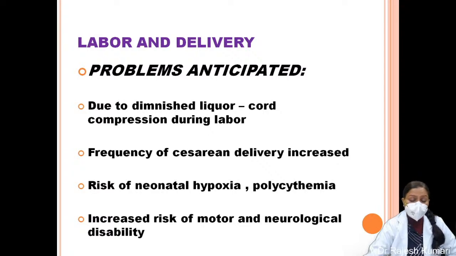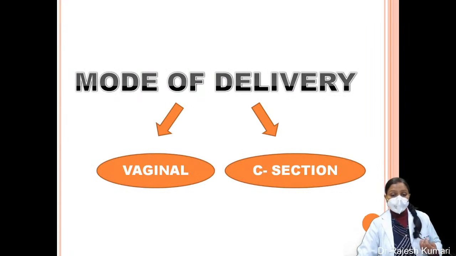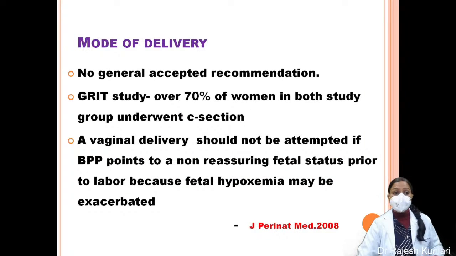Labor and delivery: there are problems anticipated during delivery due to diminished liquor, cord compression during labor, increased frequency of cesarean delivery, increased risk of neonatal hypoxia and polycythemia, and increased risk of motor and neurological disability. So, mode of delivery, vaginal or C-section, has to be decided.